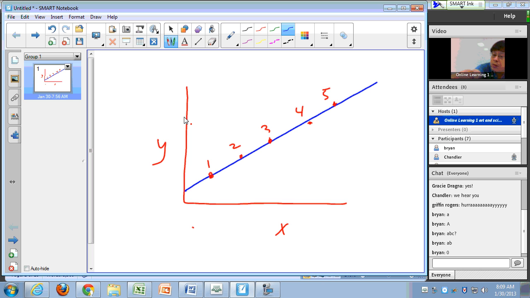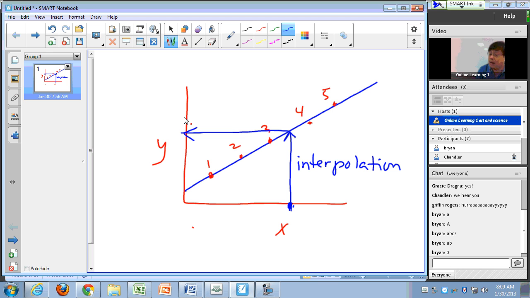Let's say if I were to do an experiment and my x is this much, all I have to do is draw a vertical line to my best fit line until I hit it, and then draw a horizontal line all the way to the y-axis. I can make a prediction what y is going to be if this was my x. So that is known as interpolation.